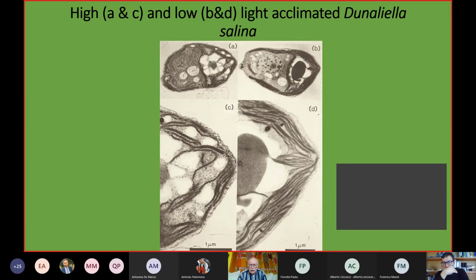You also see the little white areas, droplets of beta-carotene. And that serves under high light, absorbs part of the light, and shields the delicate photosynthetic apparatus from photoinhibition, from damage by excessive light.